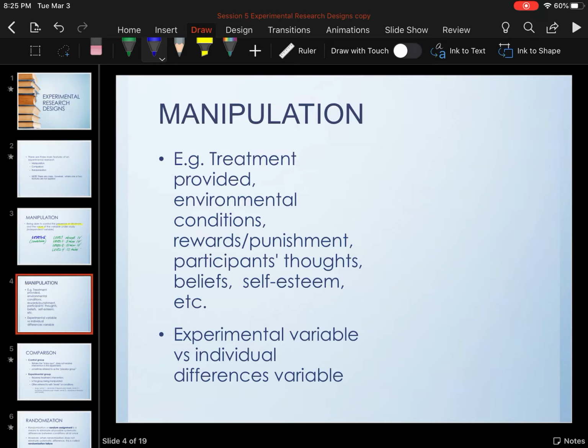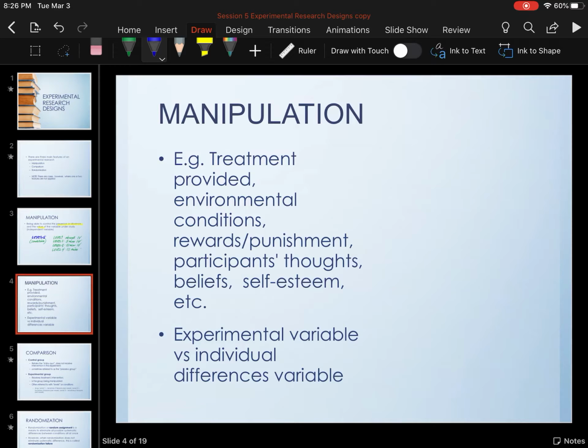But in the experimental group, there will be, of course, a form of manipulation. When the results are shown, they will be told that they scored very low in the exam, regardless of their actual score. Okay, so there's deception there. But that's also the manipulation.